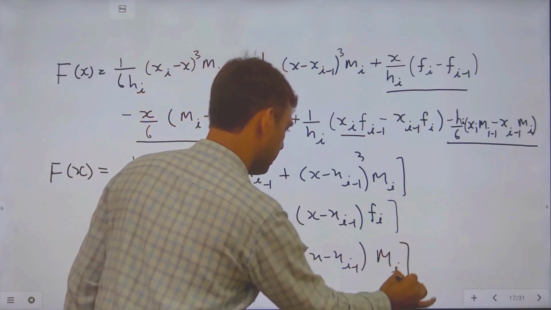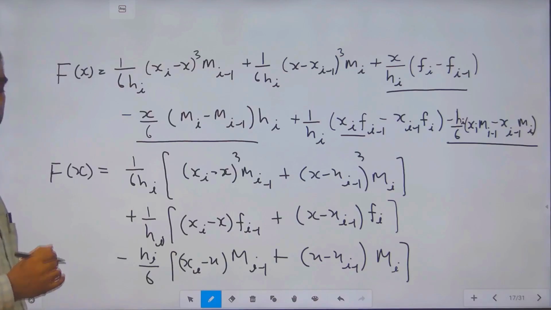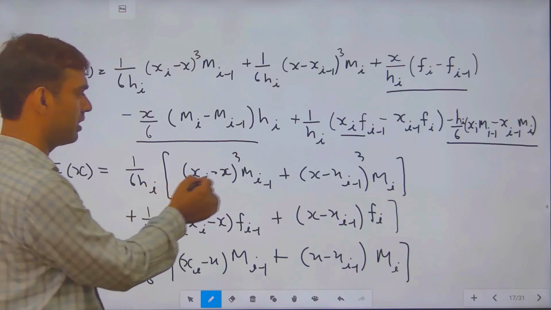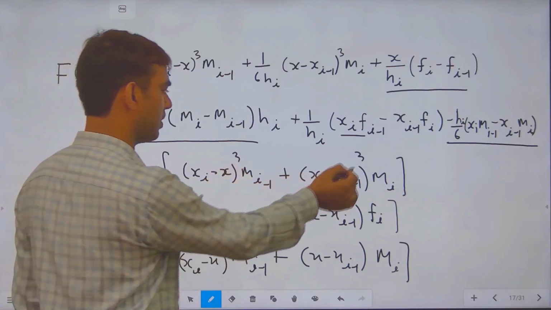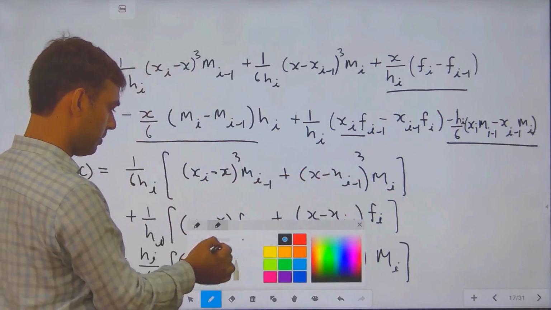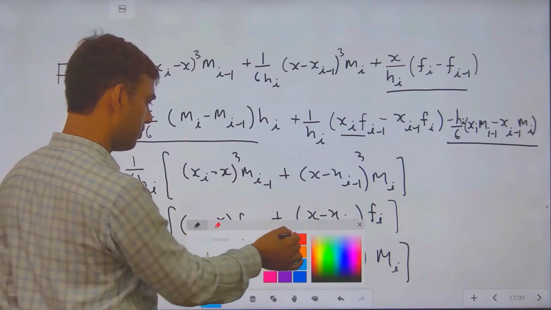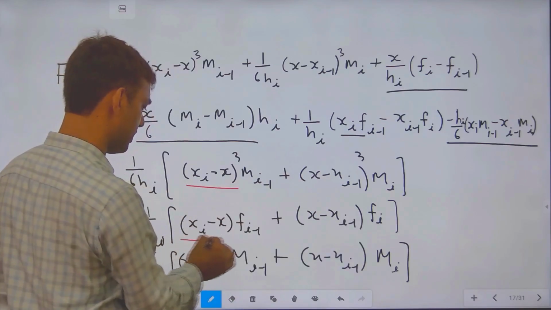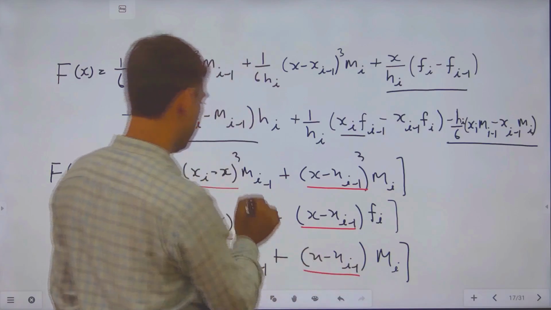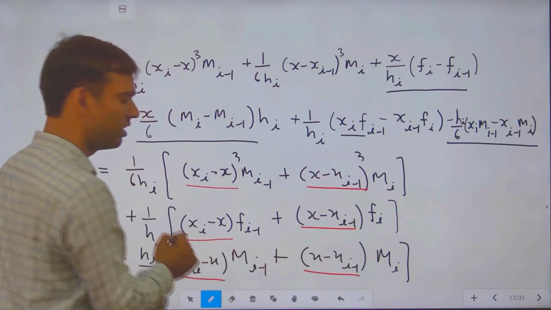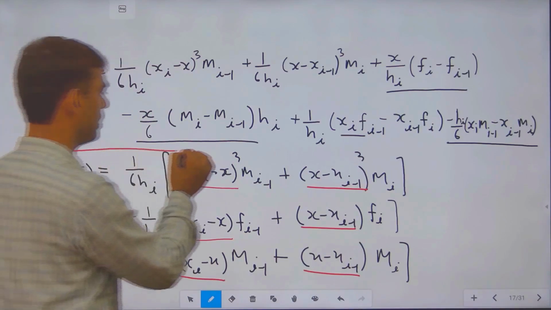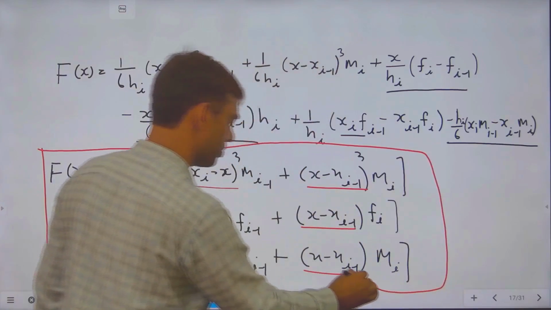So, if we remember the formula of f(x) in this form, then it becomes easy to remember, because in each term there is a term of x_i minus x, x_i minus x, x_i minus x, and x minus x_{i-1}, x minus x_{i-1}, here M_{i-1}, M_i, f_i, M_i. So, if we remember the formula for f(x) in this form, then it becomes very easy to remember.